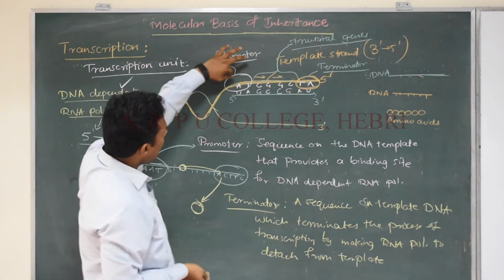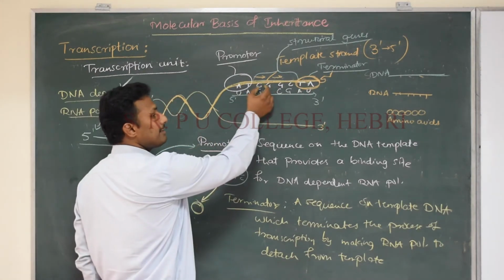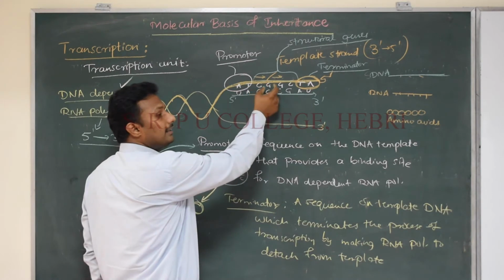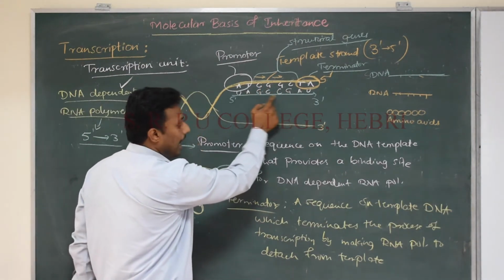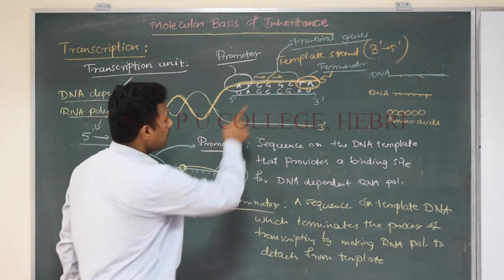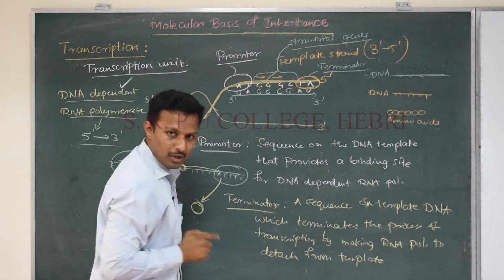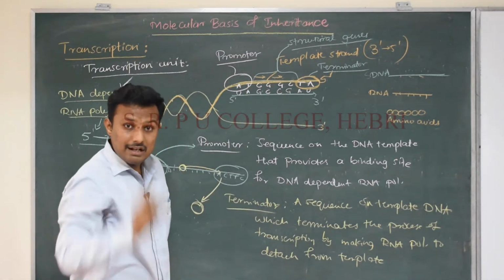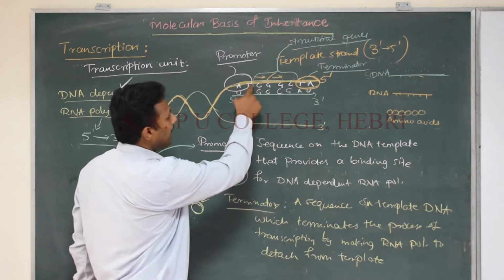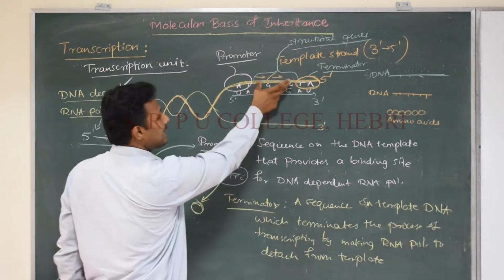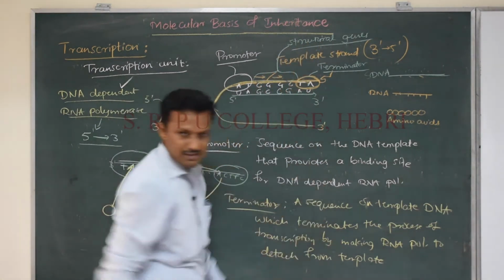But in between, as it starts from here and goes on reading the template strand, it reads the sequence present on the template strand, and complementarily the RNA molecule is being produced. The RNA molecule is completely determined by the sequence present on these genes, this particular segment of the DNA. The structure of the RNA is completely determined by this sequence, and that is why the sequence present between the promoter and the terminator is called the structural genes.